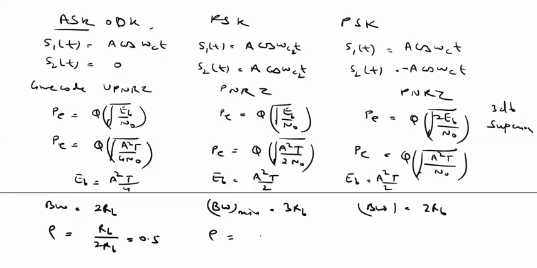Bandwidth efficiency for FSK is Rb upon 3Rb, which is 1 by 3. Bandwidth efficiency for PSK is Rb upon 2Rb, which is 0.5. That's all for this.